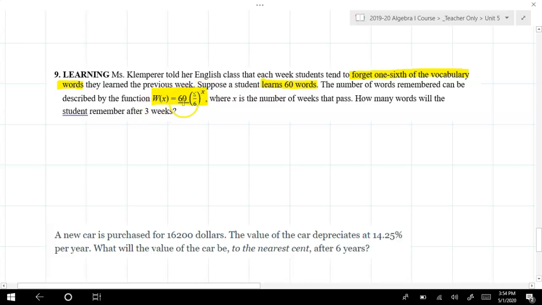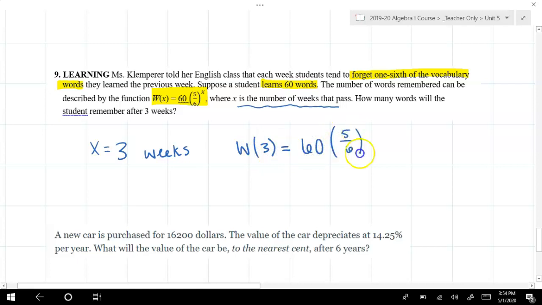So starting with 60, each week they remember 5 out of 6. They're forgetting 1/6. X is the number of weeks that pass. How many words will the student remember after 3 weeks? So x equals 3 weeks. So W of 3 is equal to 60 times 5/6 raised to the 3rd power.